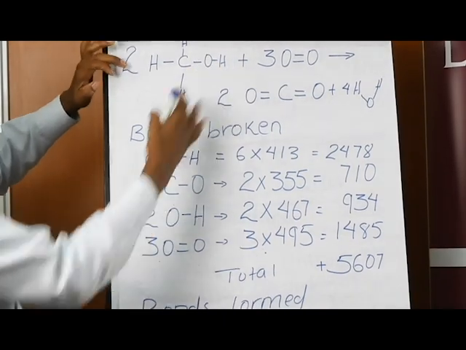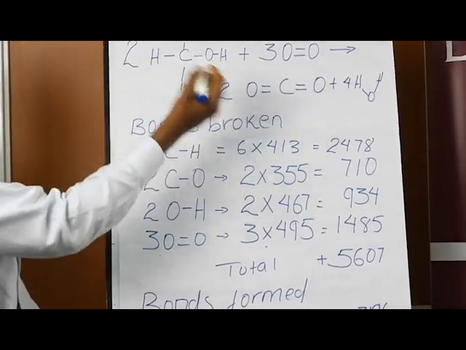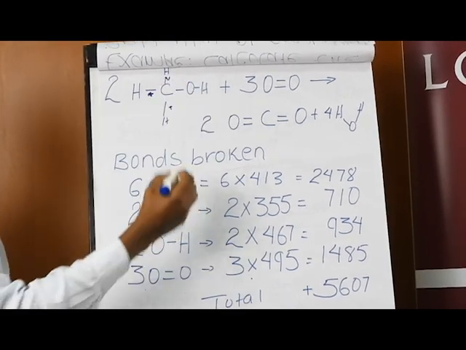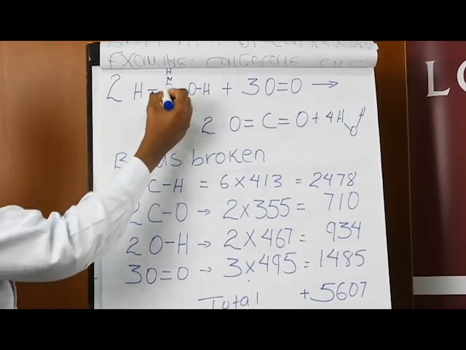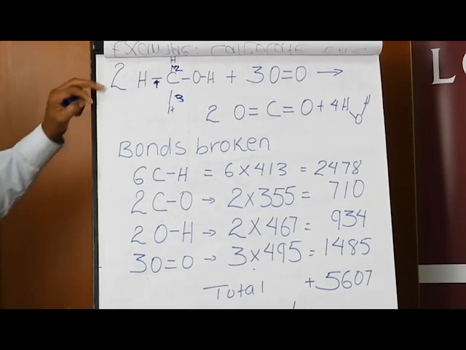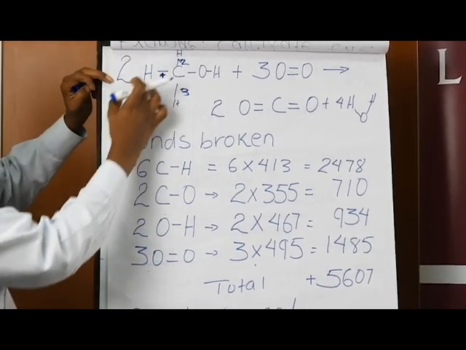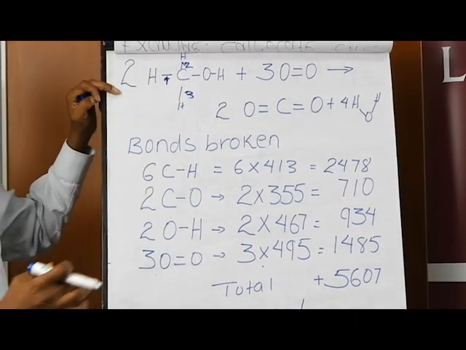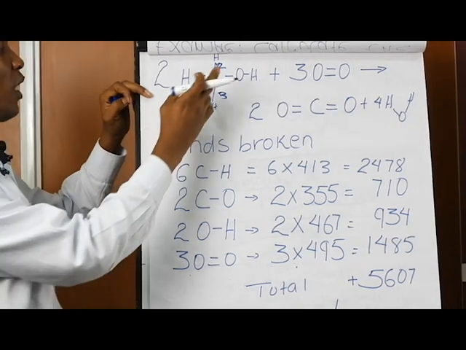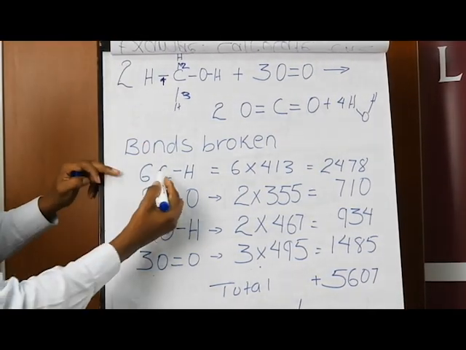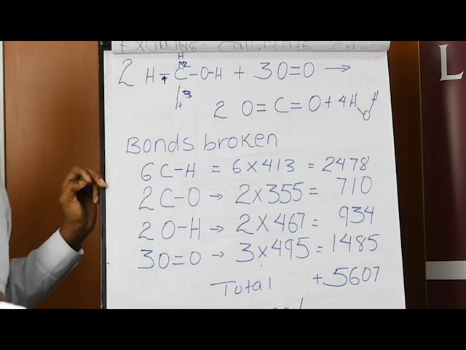Now, looking at this structure, I have to free the hydrogen, so I have to break some carbon to hydrogen bonds. I think I have 1, 2, 3 carbon to hydrogen bonds. But now I have 2 molecules of methanol, each of which has 3 carbon to hydrogen bonds, so I have a total of 6 carbon to hydrogen bonds.